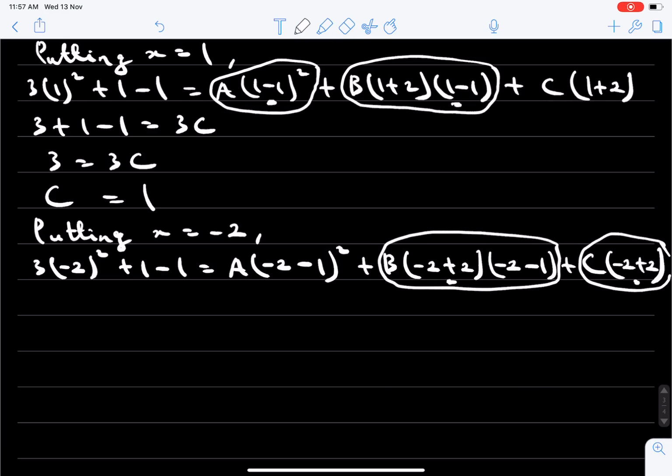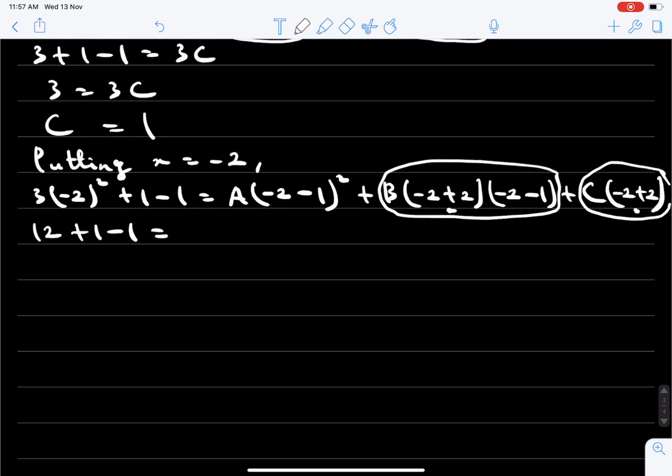So we are left with minus 2 squared is 4. 4 times 3, 12. 12 plus 1 minus 1 equals minus 3 squared is 9, equals 9a.